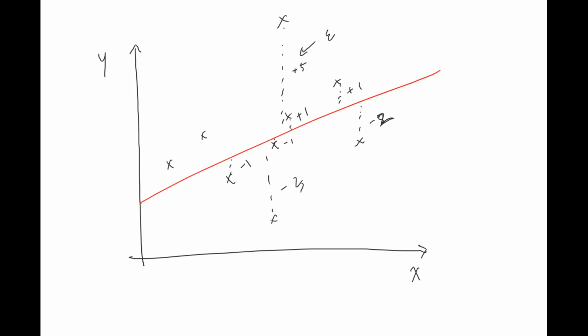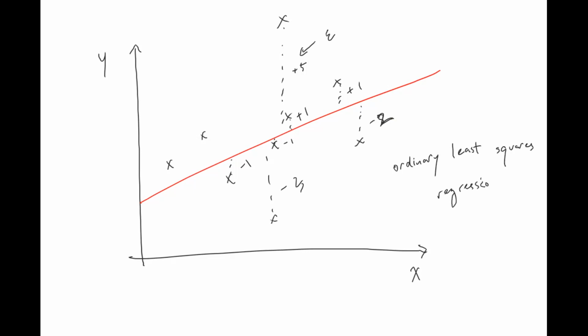So you can square it. If you square it, this is known as an ordinary least squares regression.